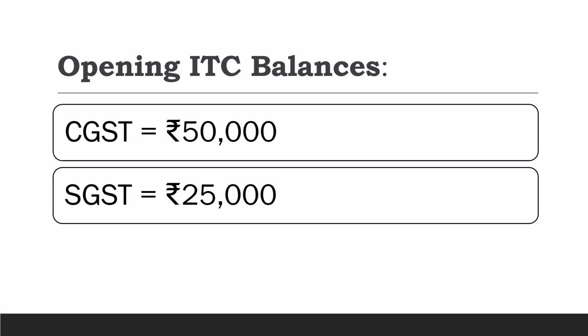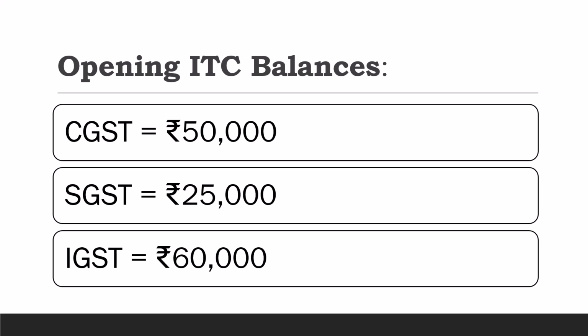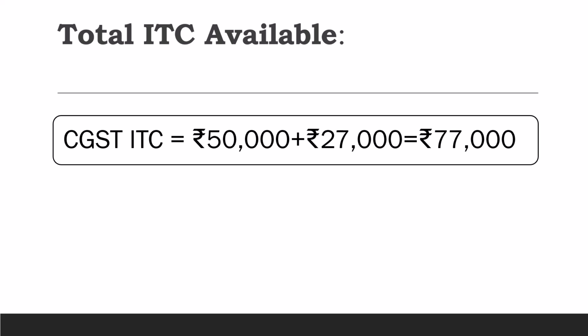If he has some IGST liability, he has to complete from there. His liability is 72,000, so there will be some remaining balance with him on account of IGST, which will be 6,000. Is that okay? So that means he doesn't have to make any cash payment because his IGST liability will be met out of the IGST credit which he has got, and still some balance will remain with him.